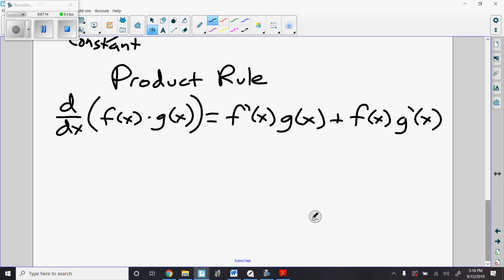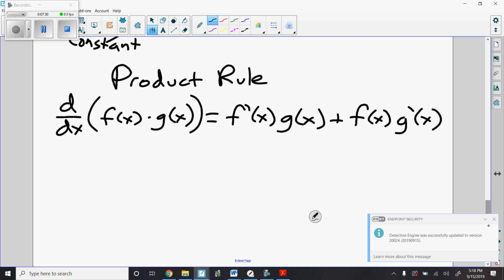Notice each function gets the derivative done to it once, and each function gets left alone once. So again, the derivative of the first times the second plus the first times the derivative of the second.